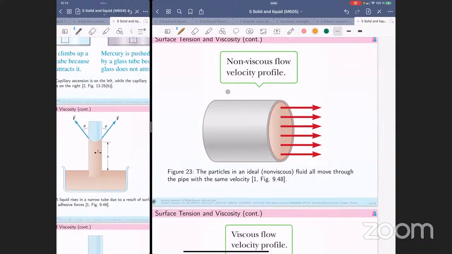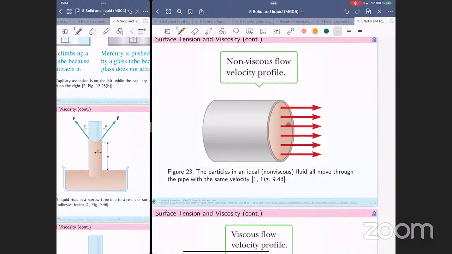Okay, for example, take a look at this. This is the pipe, and you let the water, oh no, not water, an ideal fluid flow through it. I don't know what material, but it's an ideal fluid. It's a kind of fluid that is ideal, not in reality. They flow without any friction at all, and there is no friction between that fluid and the wall inside the pipe.